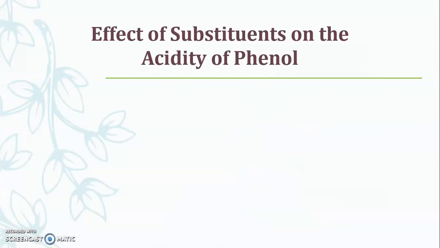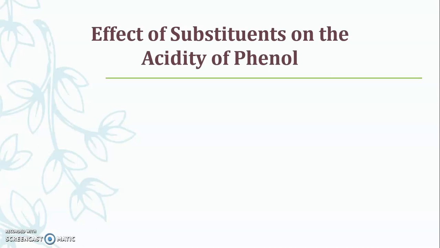Now, before proceeding to today's part of the lecture, as you know, in the previous part we discussed the effect of substituents on the acidity of phenol, because phenols are considered acidic compounds because they are able to donate the hydrogen ion, while alcohols are not acidic because they are not able to donate the hydrogen ion.